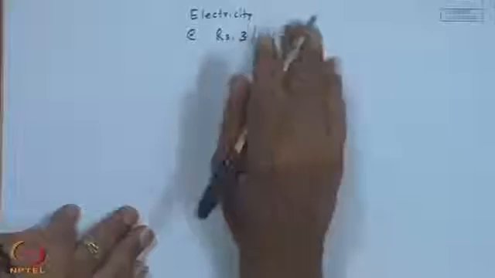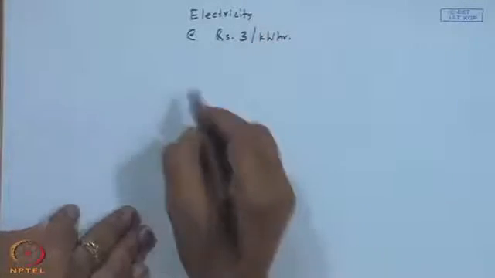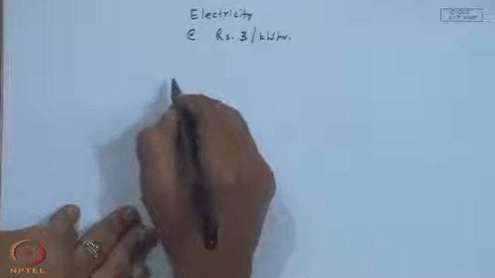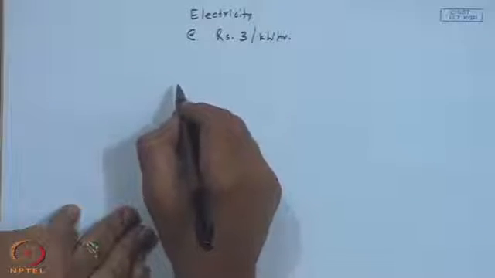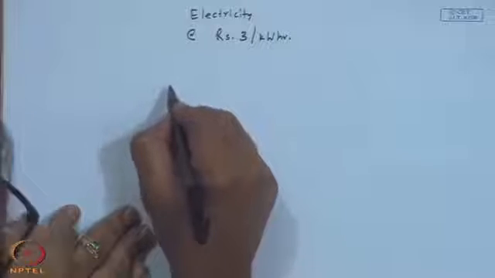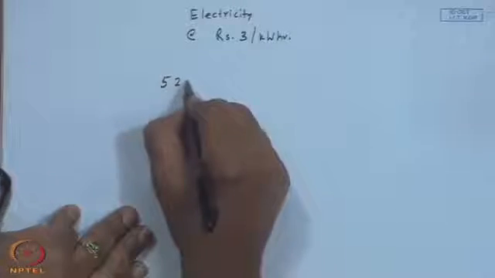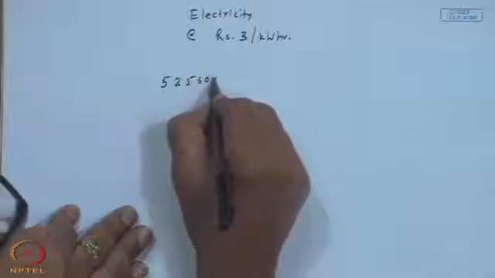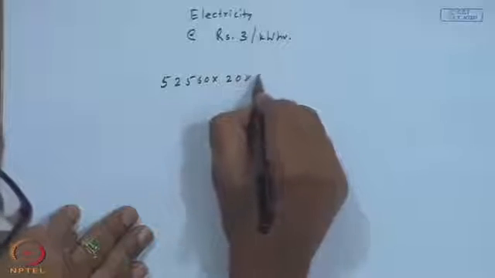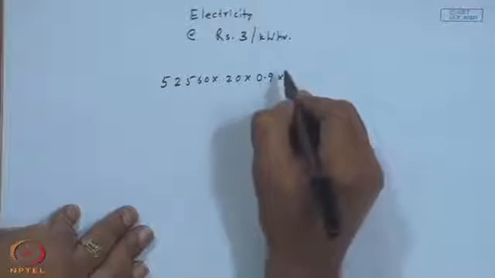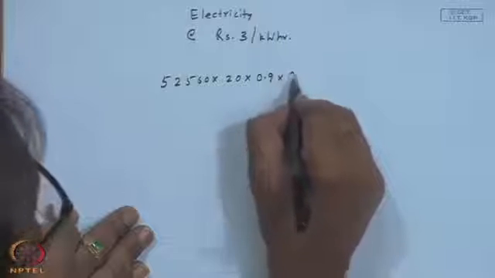But this is about the first level of price. So, that comes to 20 years: 52560 times 20 into efficiency of 0.9 into, I think this should be 0.6.